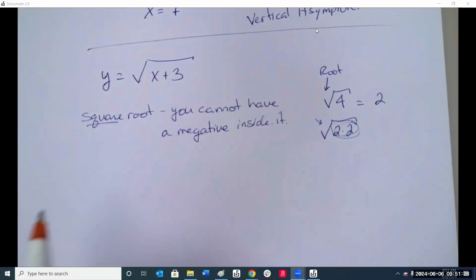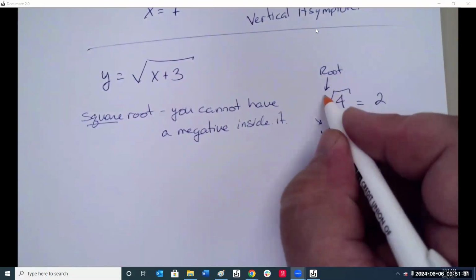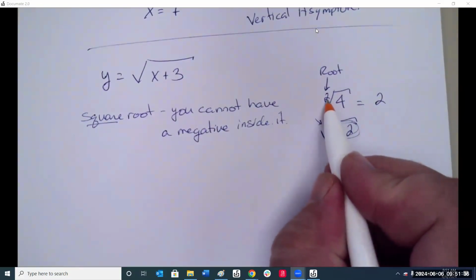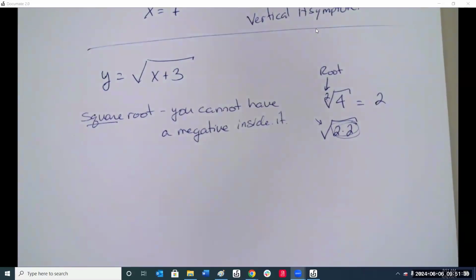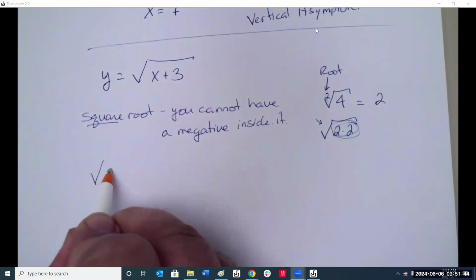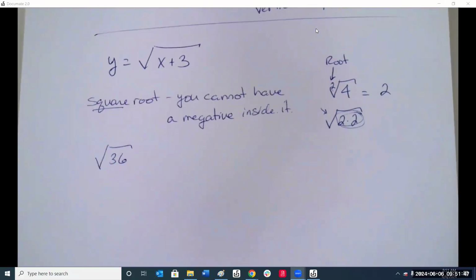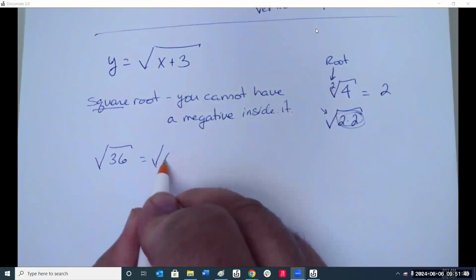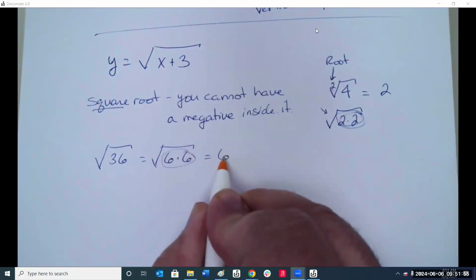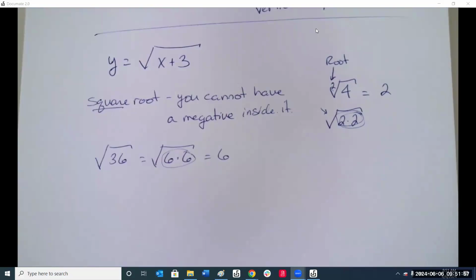It's a square root, so if there's no number there, it's automatically a 2, which tells us we need 2 of a kind to take it out. Square root of 36: 36 is made up of 6 times 6. Since there's 2 of a kind, we can take it out. So that's what the square root talks about.